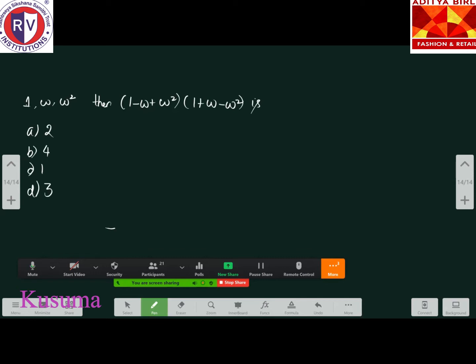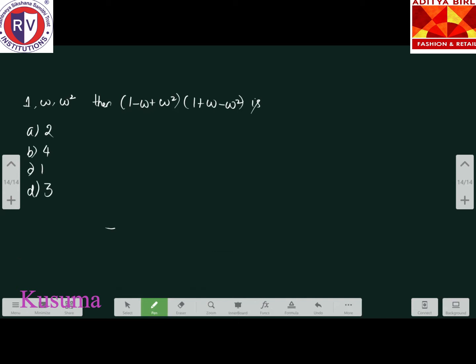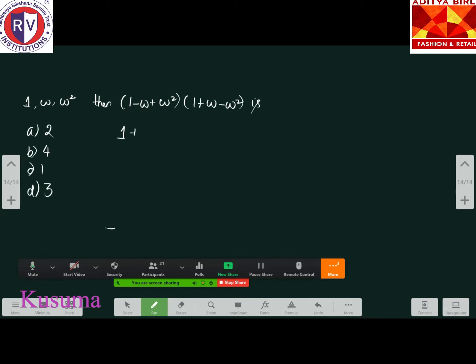So here 1, omega, omega square are given to be the cube roots of unity. So we have a property of cube roots of unity that 1 plus omega plus omega square will be equal to 0, isn't it? That implies omega square is nothing but minus 1 minus omega, and minus omega square is nothing but 1 plus omega.